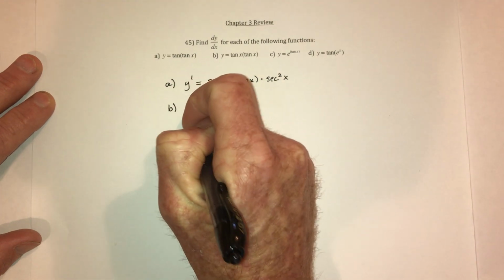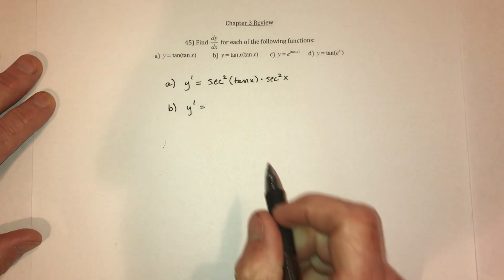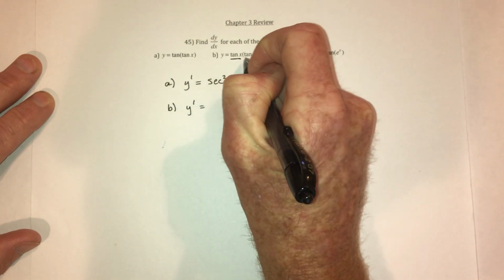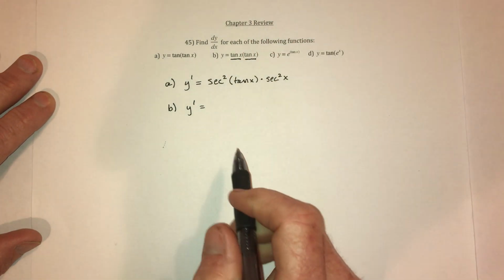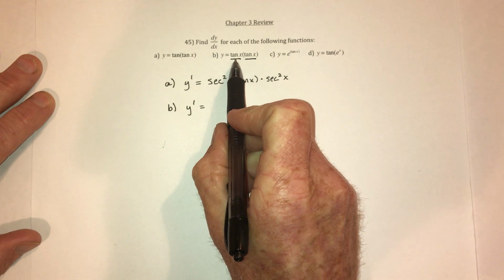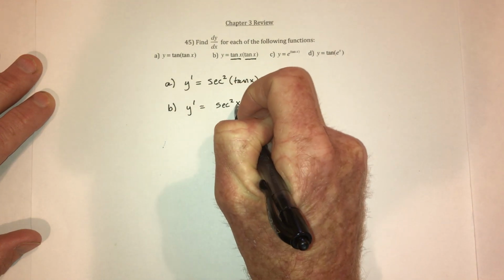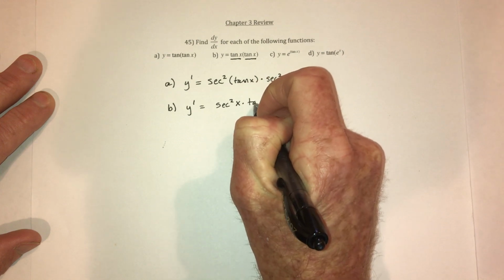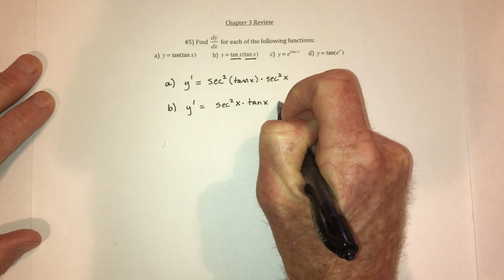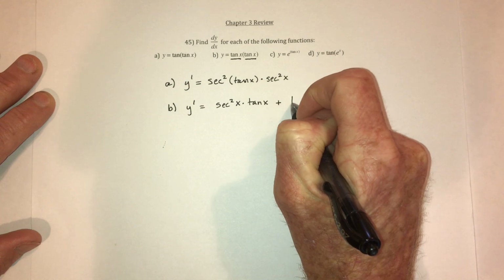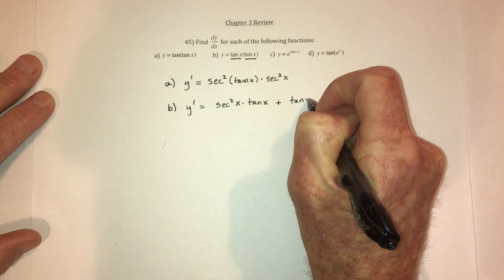For part B, we get to use the product rule. So take the derivative of each one, but only one at a time. So the derivative of this tangent is secant squared. And then leave the second tangent alone. Plus, leave the first tangent alone.